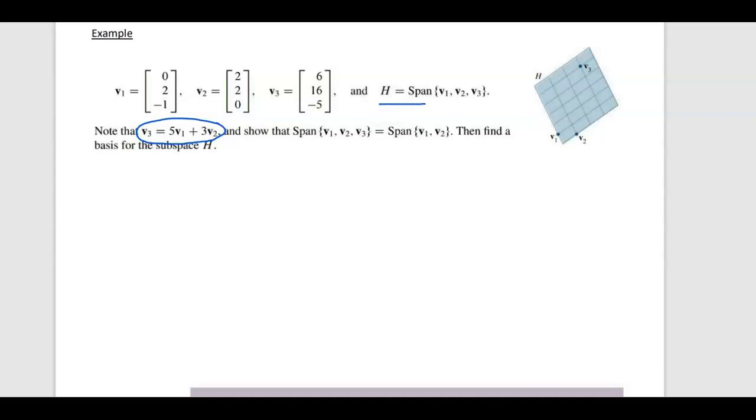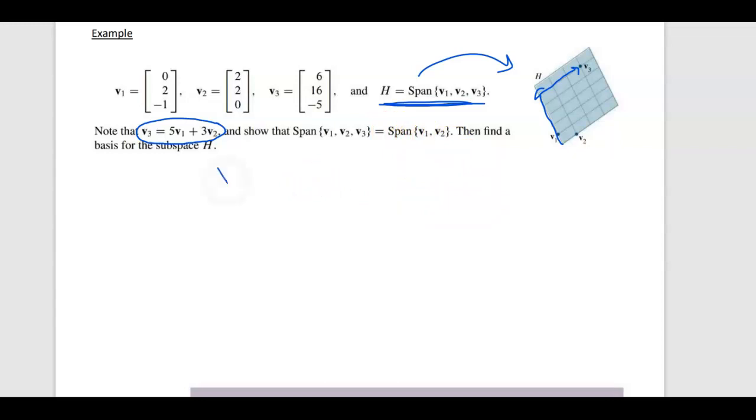So if H is the span of those, and you can see there's a visual here of what that means, we can get to V3 by taking 5V1 and adding 3V2. So you can see that graphically. Show that the span of V1, V2, V3 is still just the span of V1, V2.